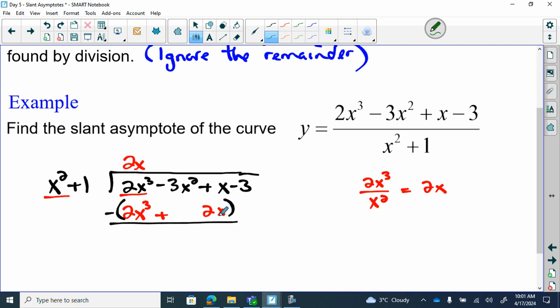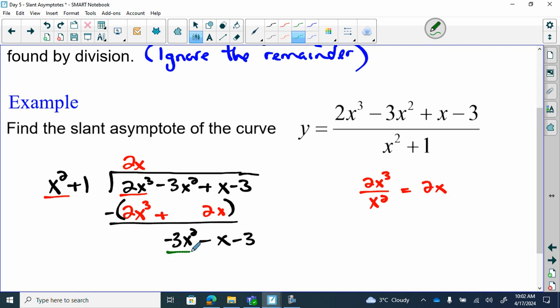See why I put the 2x under the 1x? Like terms. I subtract. 2x cubed minus 2x cubed, there's 0x cubed. Negative 3x squared minus 0x squared, that would leave negative 3x squared. 1x minus 2x, that's negative x, or negative 1x. Negative 3 minus 0 would be negative 3. Ignore everything above the line, and then you just start the process over.